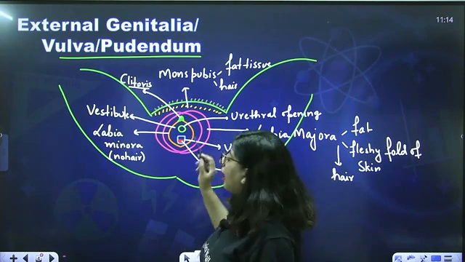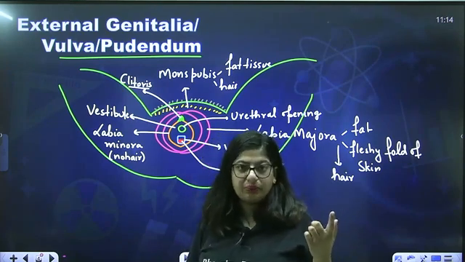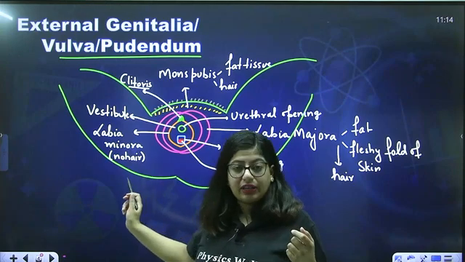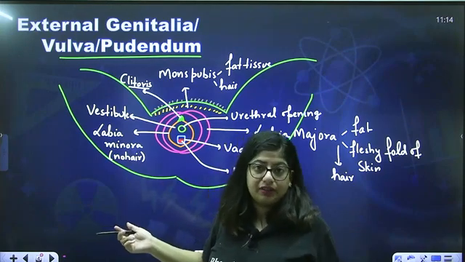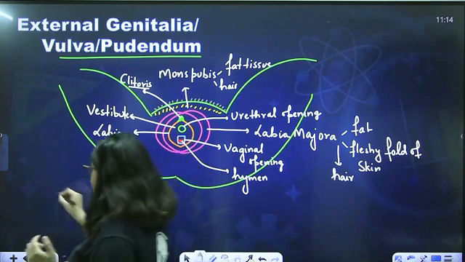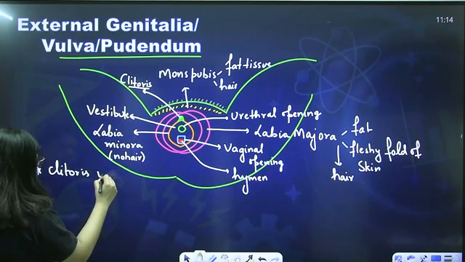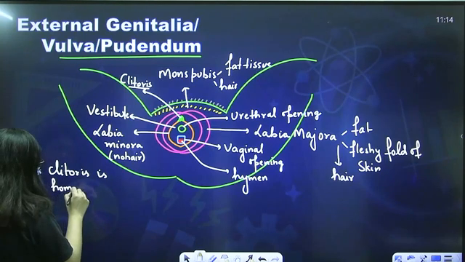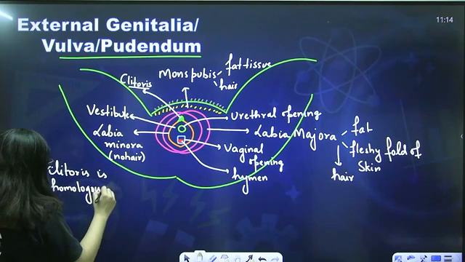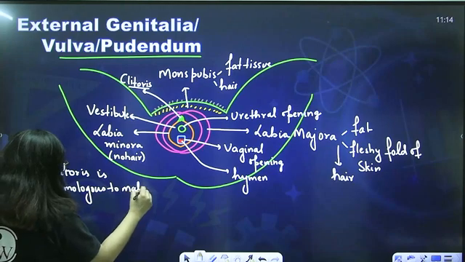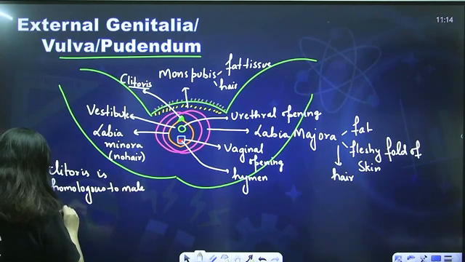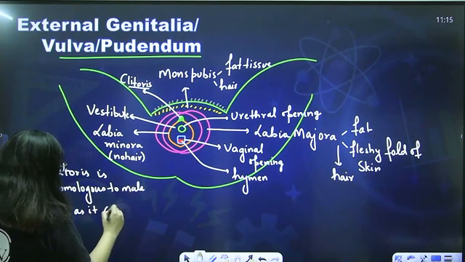The penis is made up of erectile tissue, and the clitoris is also made up of erectile tissue. That's why it gets erect. So we suppose that the clitoris is homologous to the male penis, as it contains erectile tissues.